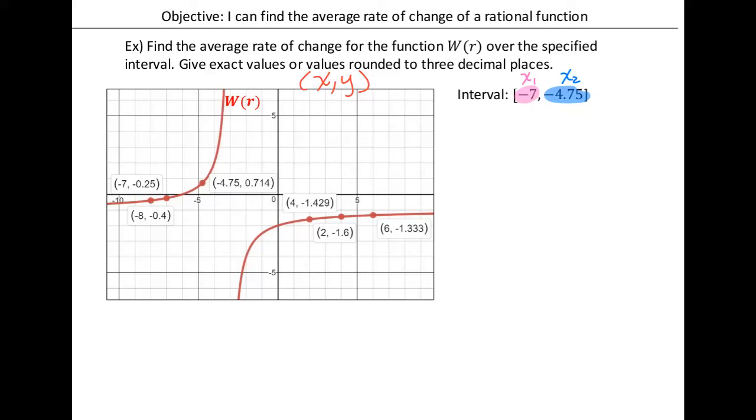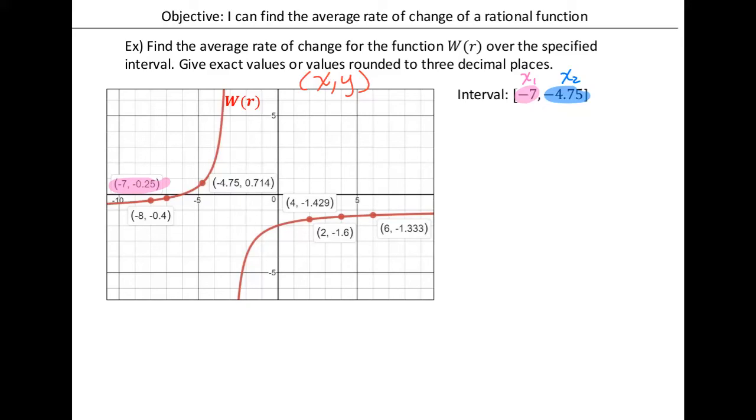And so I'm looking for an x value of -7. So on the coordinates, do you guys see the -7 on the x? Yes? No? We're looking for an x of -7. Do you see which of these has an x value of -7? Okay, so I see this is my -7.